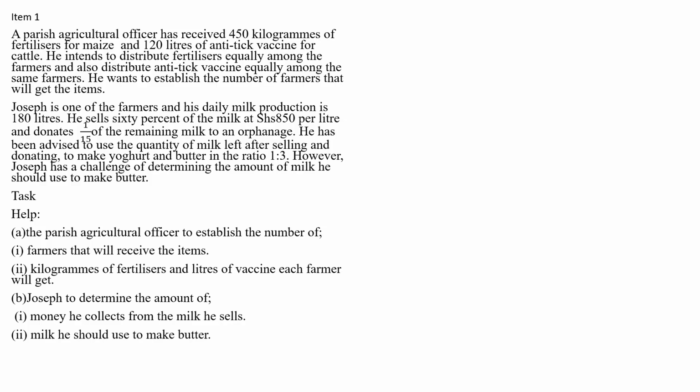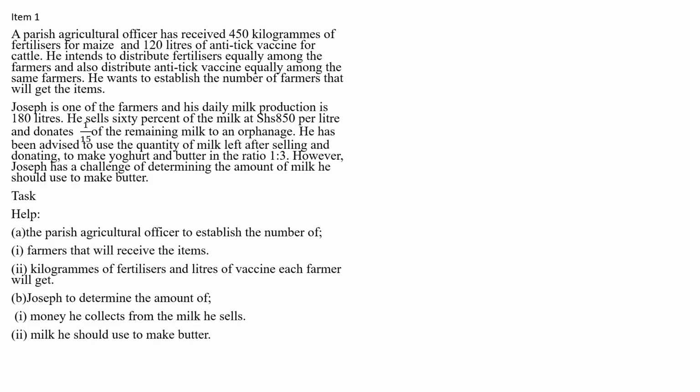He sells 60% of the milk at 850 shillings per liter, and donates one out of 15 of the remaining milk to an orphanage. He has been advised to use the quantity of milk left after selling and donation to make yogurt and butter in the ratio of 1 to 3. However, Joseph has a challenge of determining the amount of milk he should use to make butter.